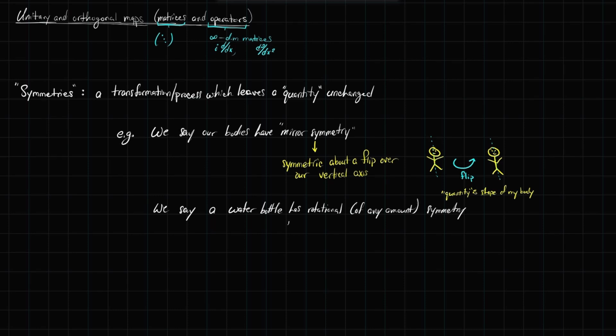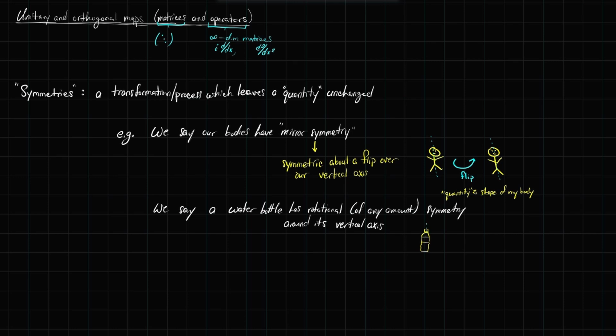And it's only true though around its vertical axis, right? Because if I grab a water bottle, I'm going to do my best to draw a water bottle here. Maybe it looks like this. Maybe it's got a little label on it. And then usually they have like weird ridges on the sides. I'm sure that's to give the plastic some structural integrity. And then it's got its little cap, and usually the cap has a little thing next to it. Okay, it's a nice water bottle.